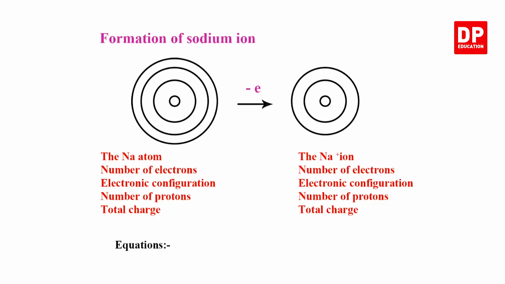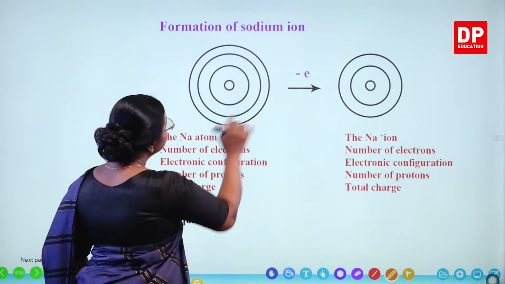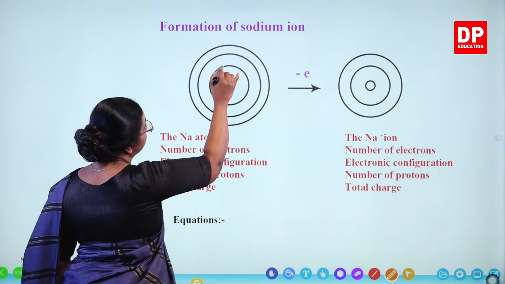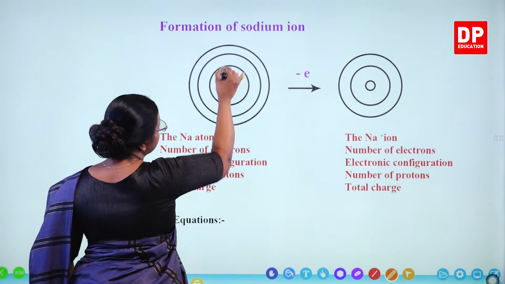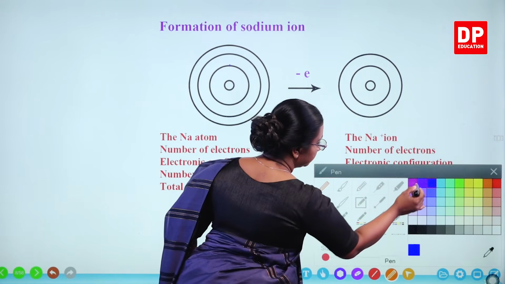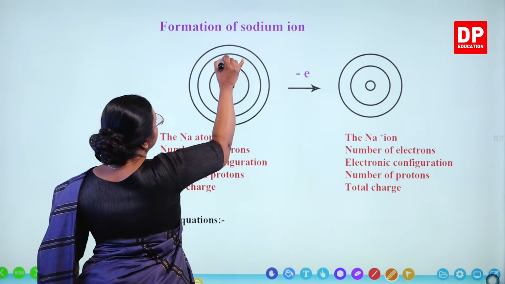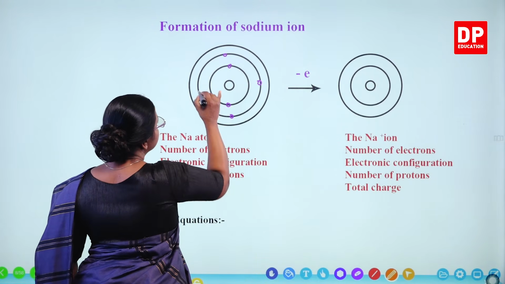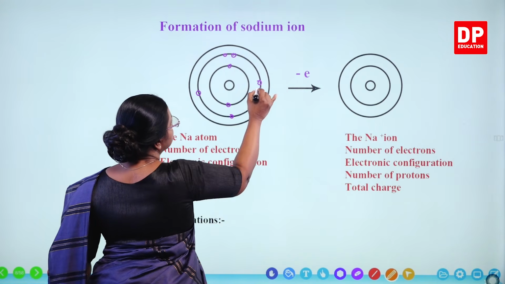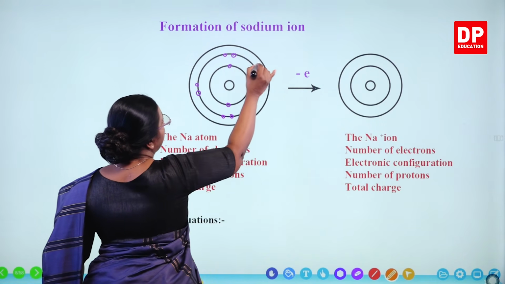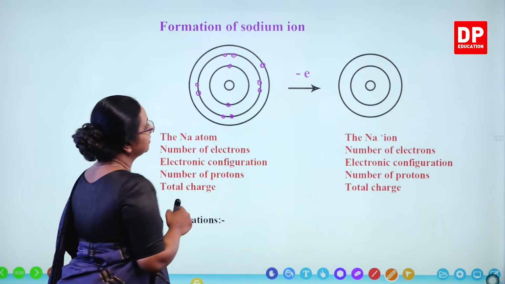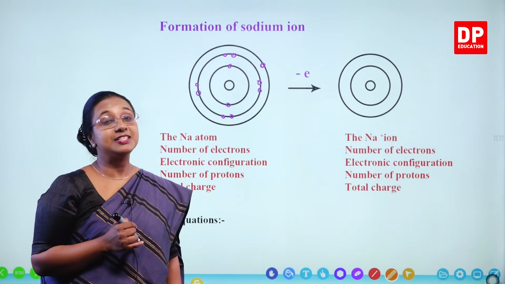Formation of sodium ion. When that happens, again I will have to fill up the electrons here. You can see, now they have 8 in the second shell and 1 electron in the valence shell.